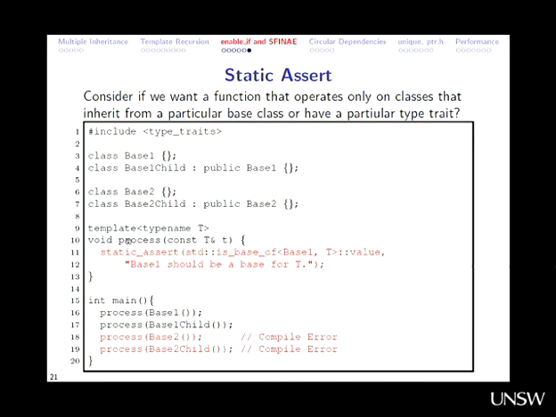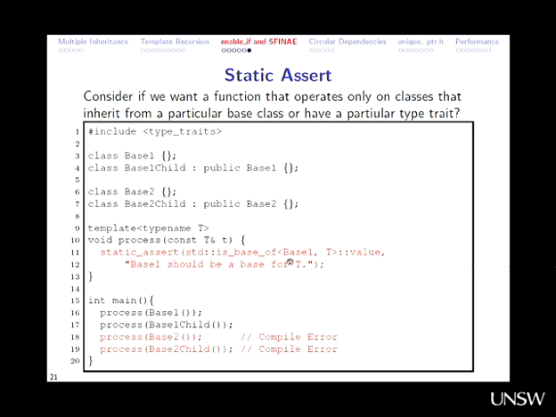But I have inside the top of this thing a static assert. And the static assert looks at the type traits of this T in here and says, is this T a base of this base 1 class? And because of the static assert sitting in there, I can happily compile base 1, because is base 1 a base of base 1? Yeah, it is. It's kind of saying, do you inherit from yourself? You can.